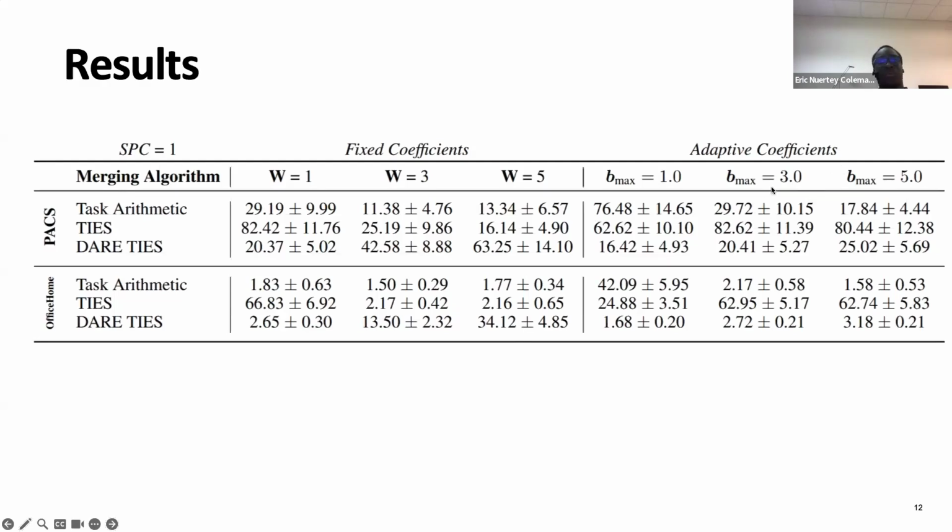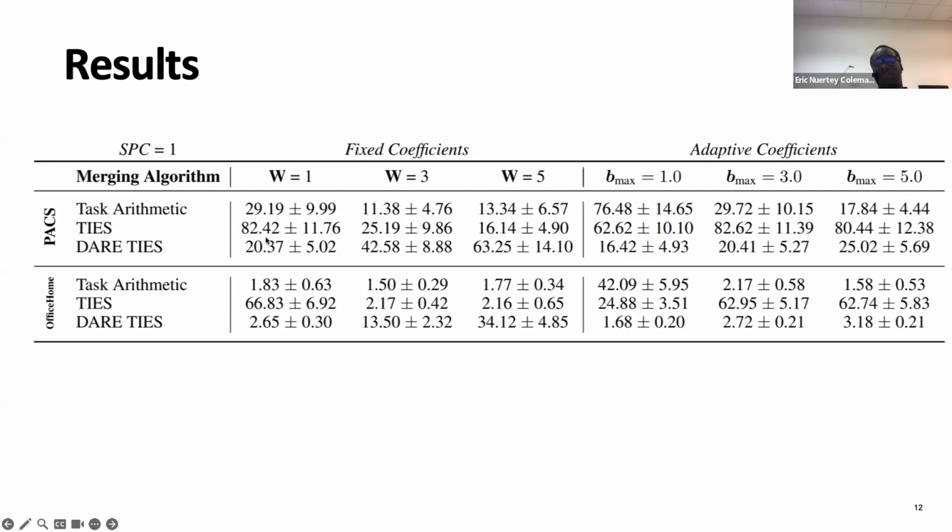We tried with 3, and the difference is also huge, but it was very easy starting from 1 to get this kind of performance. Compared to the fixed coefficients, you could try a lot of weight values and you probably will get it, but it will take a while.